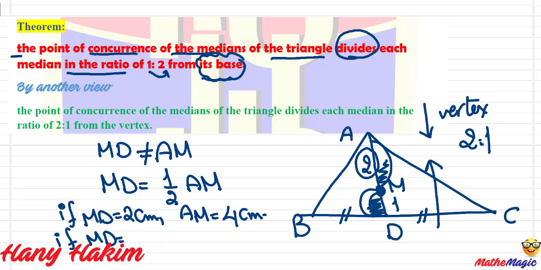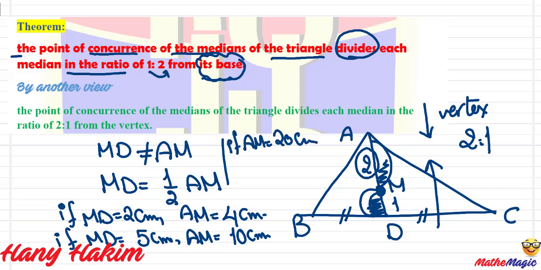If MD equals 5 centimeters, so AM will be double of it, which is 10 centimeters. Another example. If AM equals 20 centimeters, so MD equals 10 centimeters. So the first part, which is MD, is half of AM.